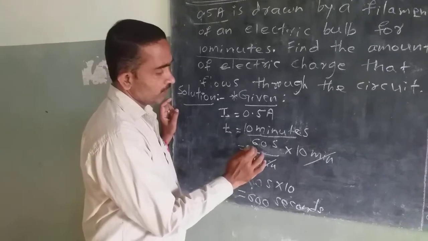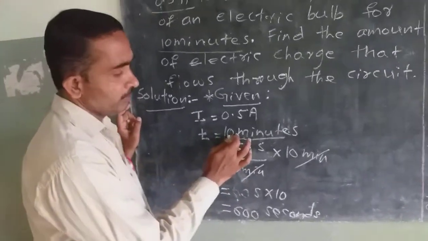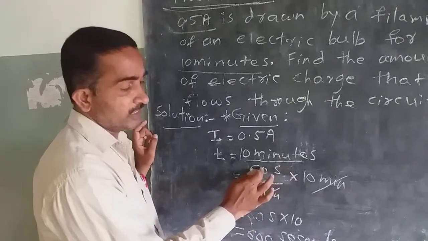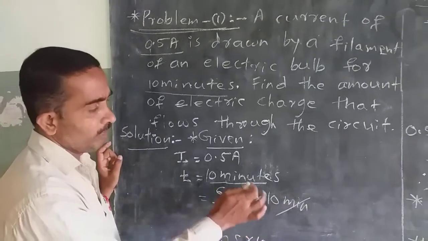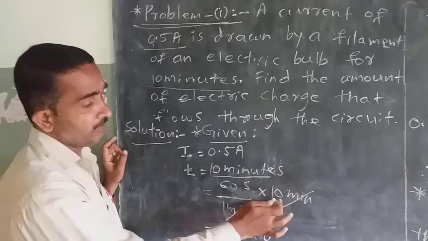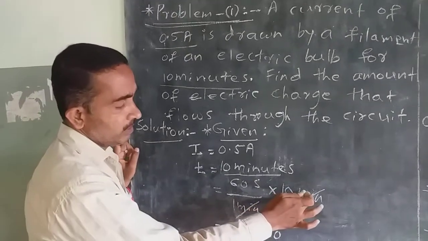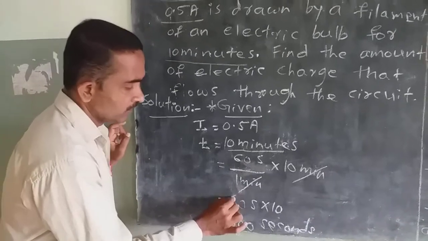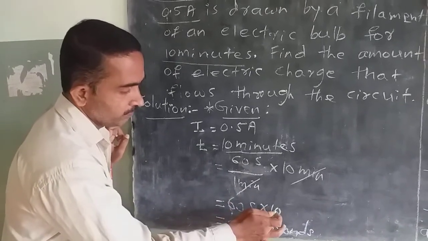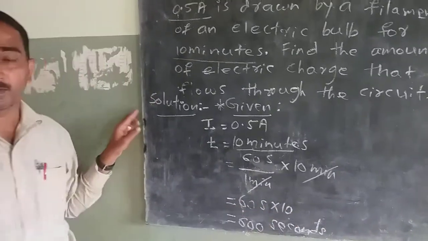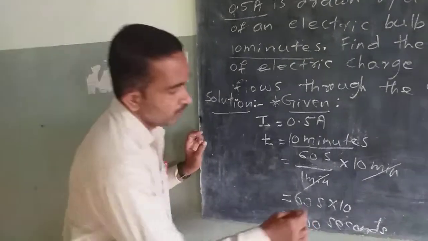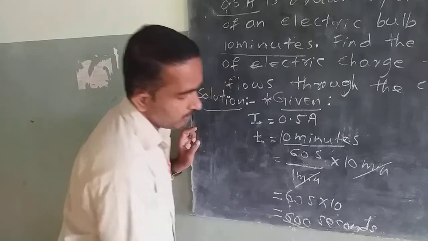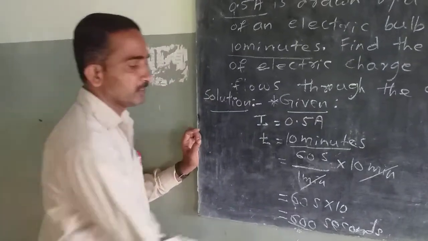See now how to convert that. 10 minutes are given. 1 minute equals 60 seconds. Into how many minutes are given here? 10 minutes. Minutes in numerator and denominator cancel with each other. Remaining 60 seconds into 10. Only second will remain. See now, 10 into 60, that becomes what? Answer is 600 seconds.